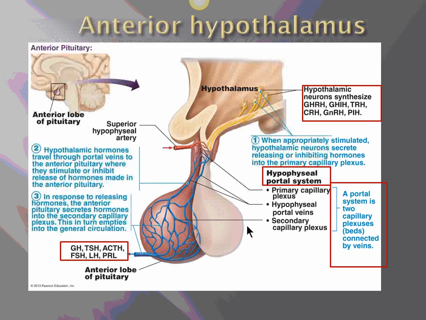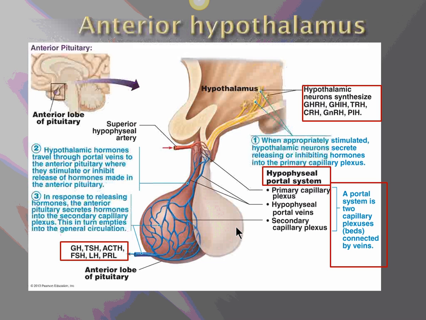Let's look at the anterior hypothalamus. The anterior hypothalamus is connected to the anterior pituitary, which is also known as the anterior lobe of the pituitary, just as the posterior pituitary is called the posterior lobe.